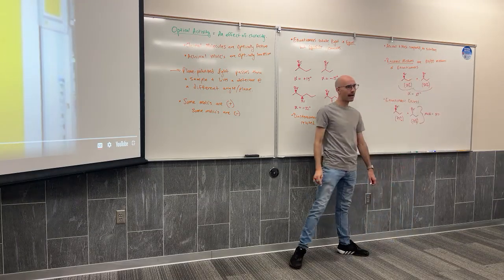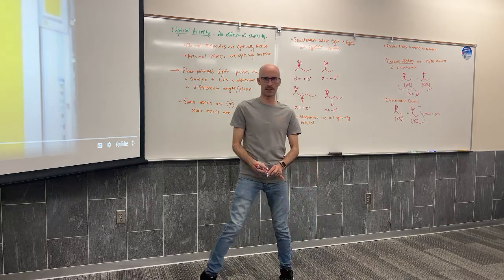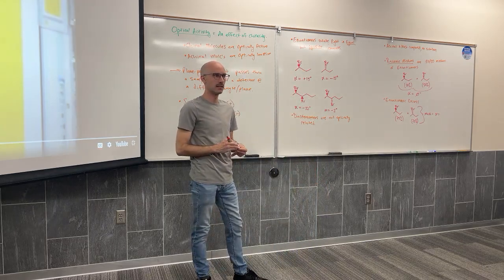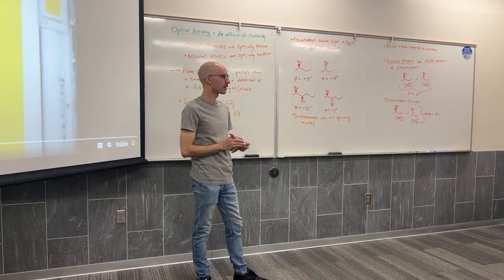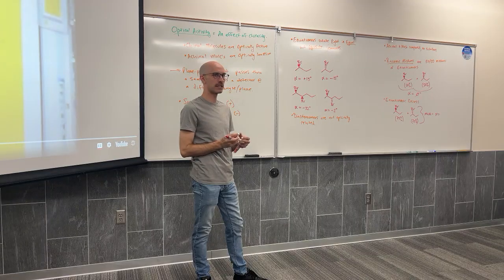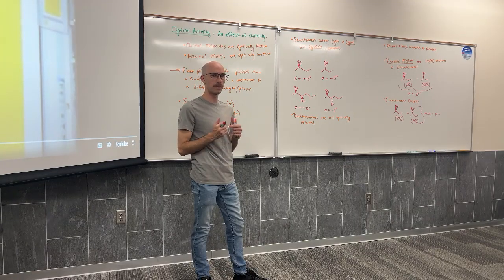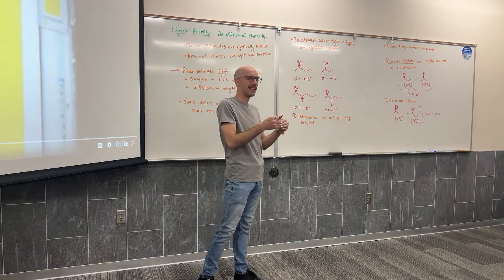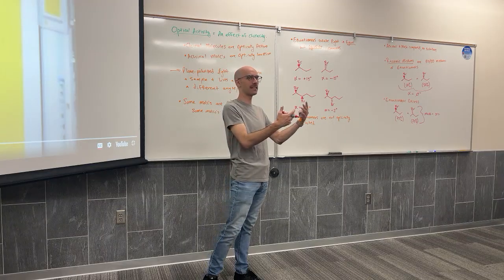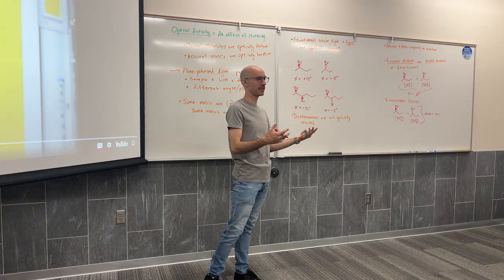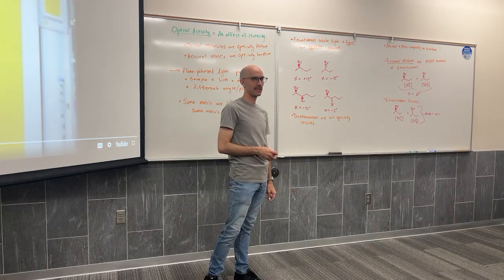Then you can do some math. We're not doing too much math in our class. You can do some math, and the rotation will be the result of that percent of the enantiomer that is in excess.